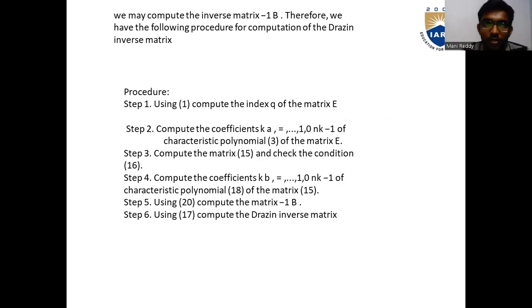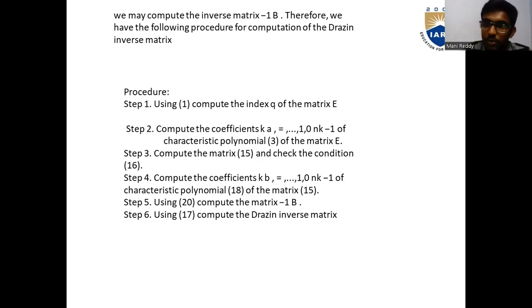We may compute the inverse matrix. There is the following procedure for the Drazin inverse matrix. Here is the procedure to find a Drazin inverse matrix for any square matrix. Step one, compute the index of the matrix. Step two, compute the coefficients.